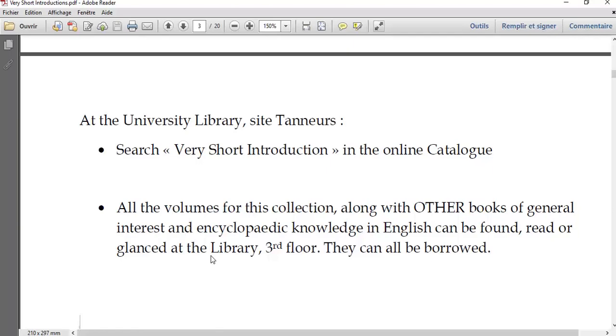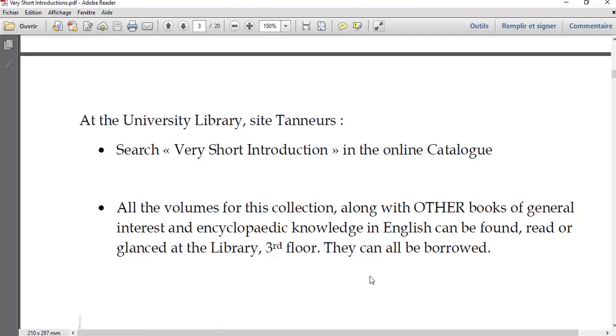You can either look for titles in the online catalog by searching very short introduction in the online catalog. I'm not showing you this now, but this is very easily done. And more pragmatically, if I really want to talk to you about the volumes themselves, all the volumes for this collection, along with other books of general interest and encyclopedic knowledge in English, can be found, read, or glanced at on the library's third floor.